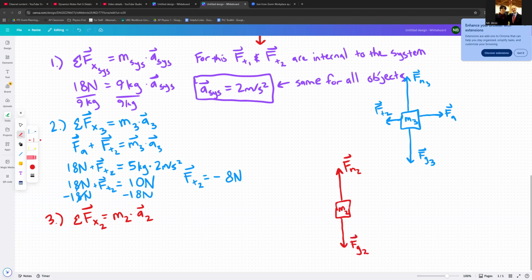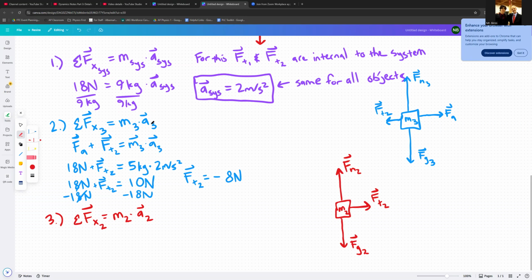And we've got our tension. So this is actually the tension we just looked at. For object number 2 in the middle there, we've got force of tension Ft2. And I'm just coming up with these subscripts, whatever works to differentiate tension number 1 from tension number 2.